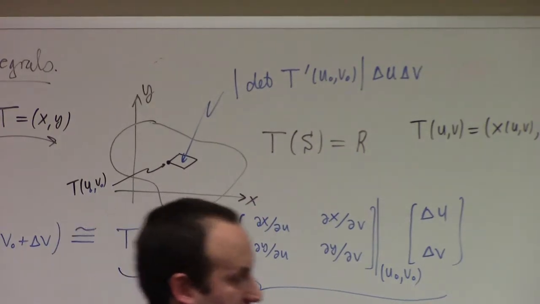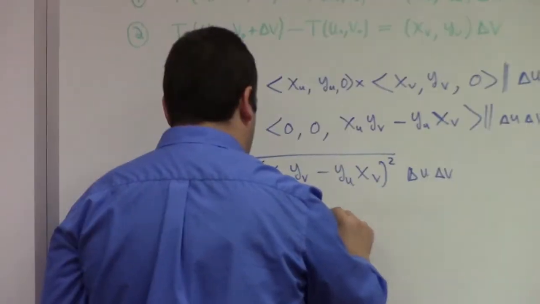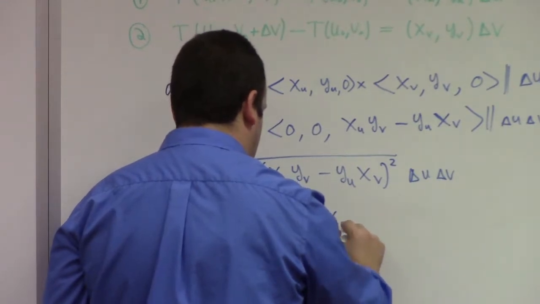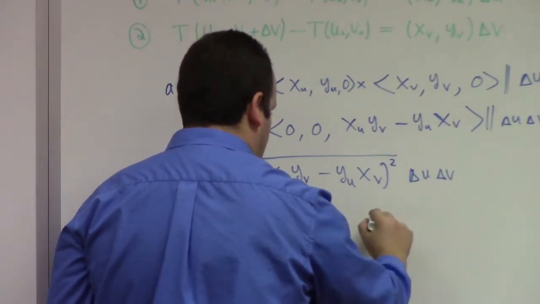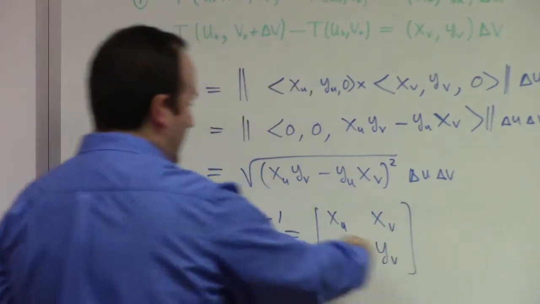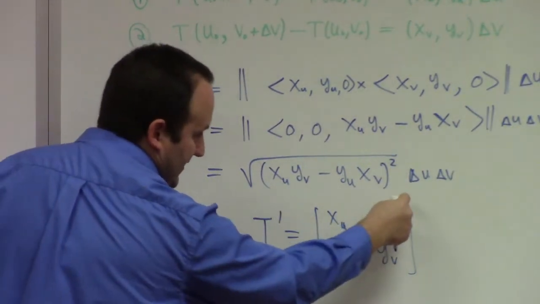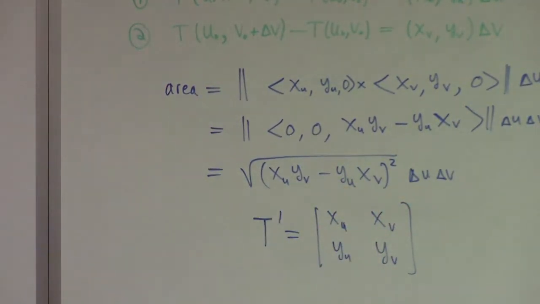Remember, T prime is simply the matrix xu, yu, xv, yv. If you calculate the determinant of that matrix, that's exactly this expression, xu yv minus xv yu.